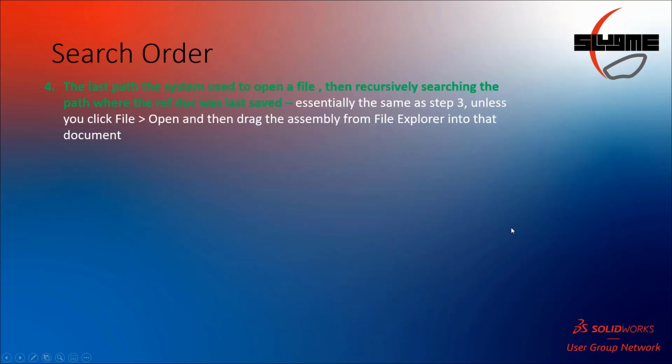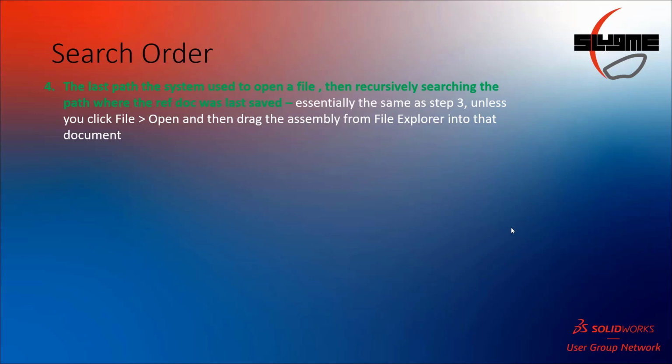Then actually, step 4 is almost identical, except it changes a little bit if you drag the file in. So if you have File Explorer open, and you have SOLIDWORKS open, and rather than use File Open within SOLIDWORKS, you just drag that assembly from Explorer into your assembly, it'll open, but it tweaks this path a little bit.